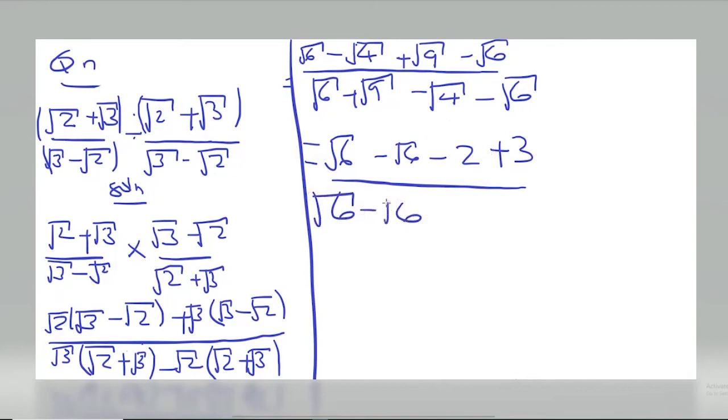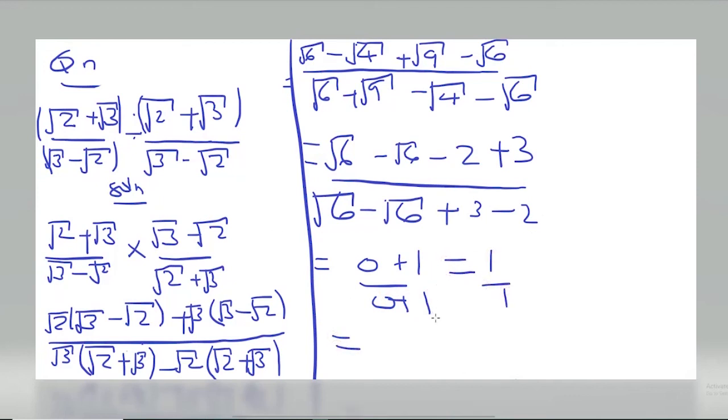Under root of 6, then plus under root of 9 is 3, minus under root of 4 is 2. Therefore under root of 6 minus under root of 6 is 0. Then minus negative 2 plus 3 is 1, positive 1, over under root of 6 minus under root of 6 is 0 plus 3 minus 2 is 1. Therefore we have 1 over 1. The answer of the simplification of the expression I gave above is 1, because 1 divided by 1 is 1.